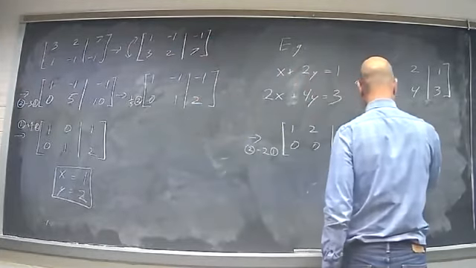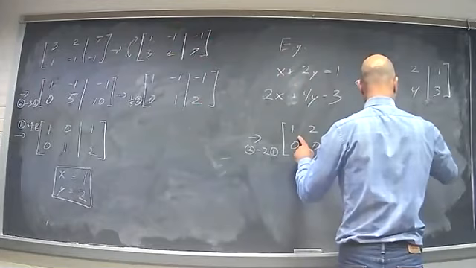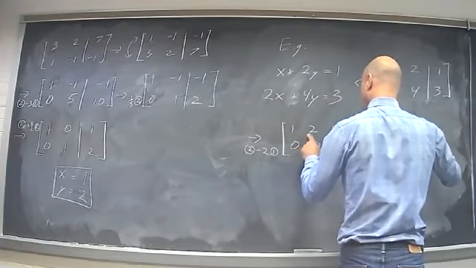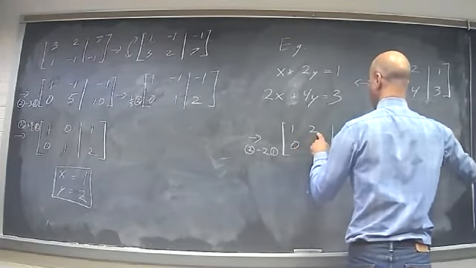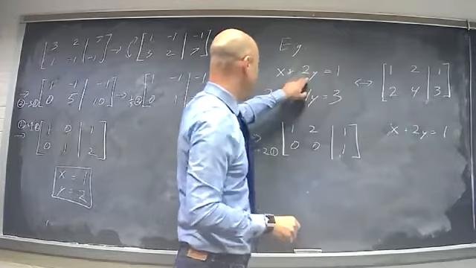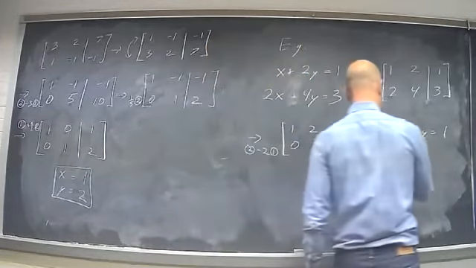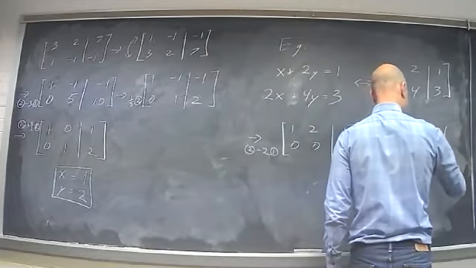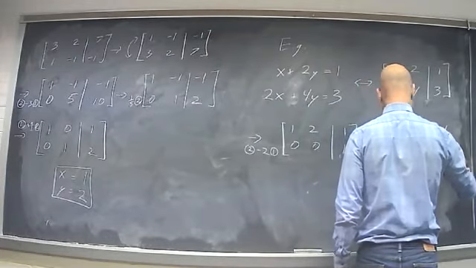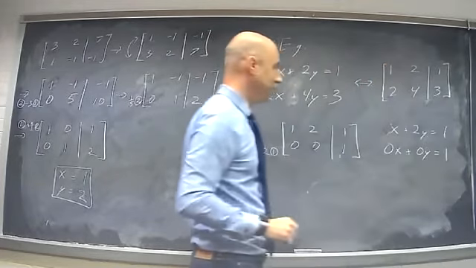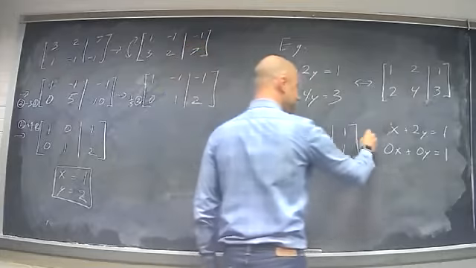We have 1x plus 2y equals 1. That's the same thing we had up here, which isn't surprising because we didn't do anything to the first row. And then we have 0x plus 0y equals 1. So that is the same thing as that.